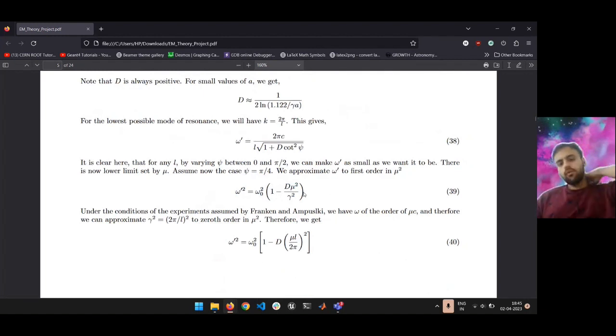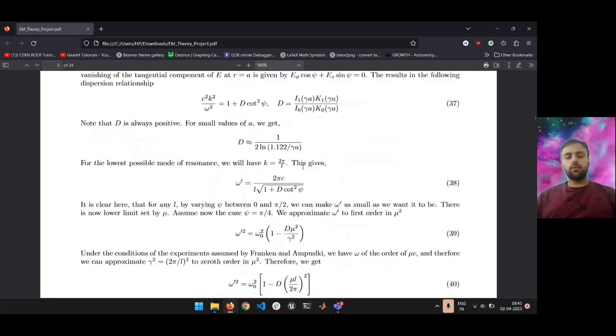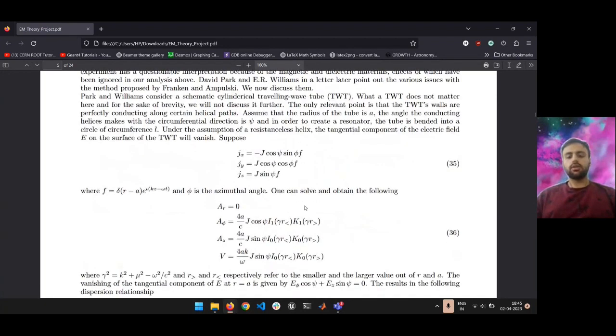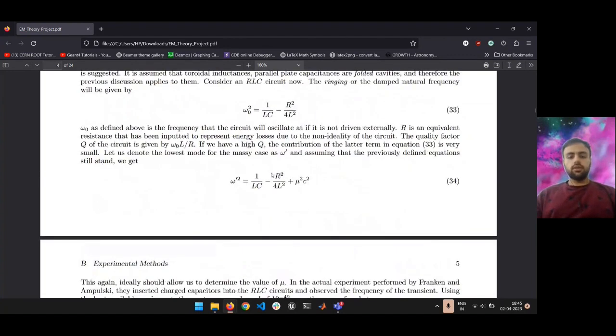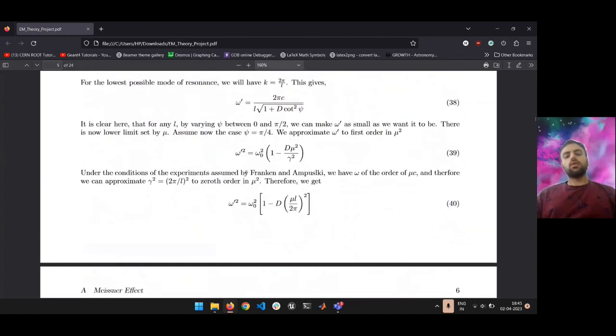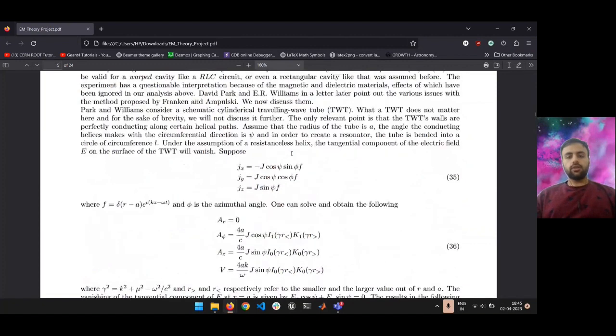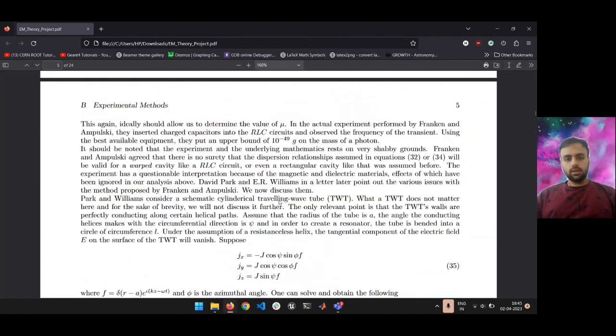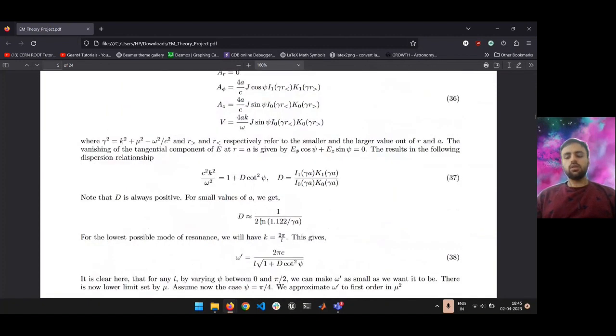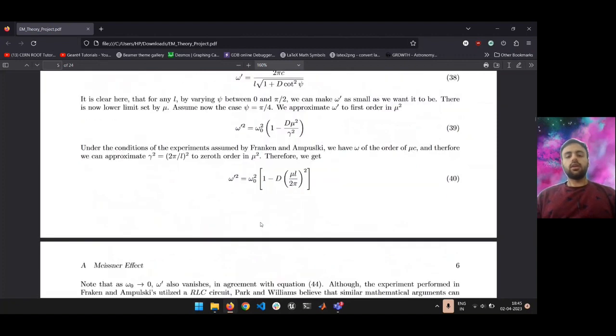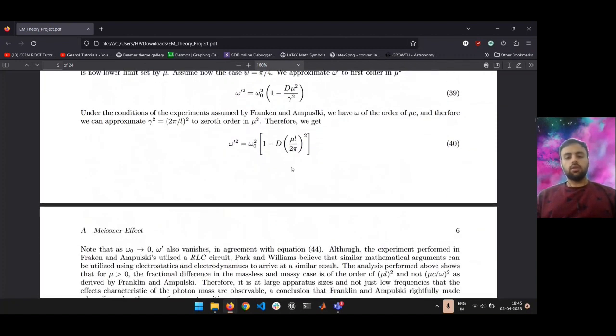This is the value that they get when they talk about first order in mu square. You can see that this is very much different from the relationship that Franken and Ampulsky used before. So this is how Park and Williams say that the dispersion relation itself used was wrong, and therefore the bound that Franken and Ampulsky had obtained was actually very wrong.